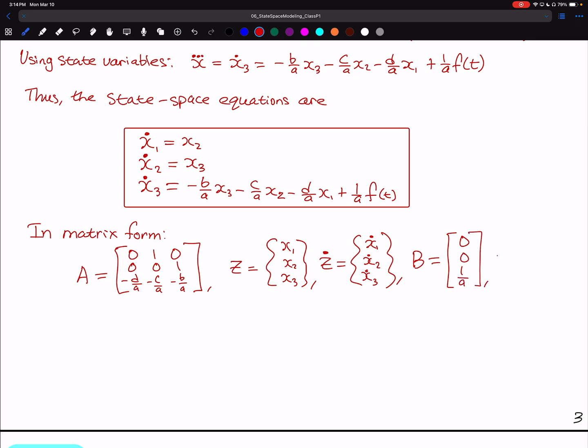And then u is simply equal to f of t. It's just a scalar because there's only one input. And then we can write this out as z dot is equal to A z plus B times f of t.